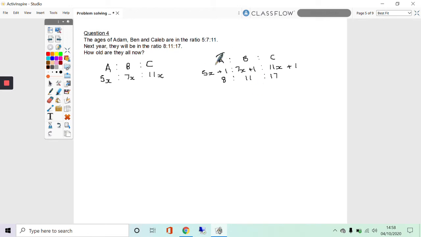Now I only actually need to use 2 people to be able to work this out. So I'm just going to use Adam and Ben. Because Adam and Ben's ages are in the ratio 5x plus 1 to 7x plus 1 and 8:11. So I can just use 2. I don't need to use all 3.